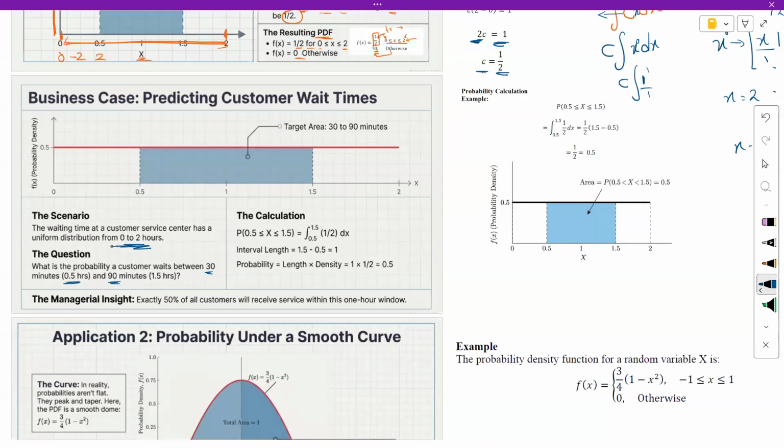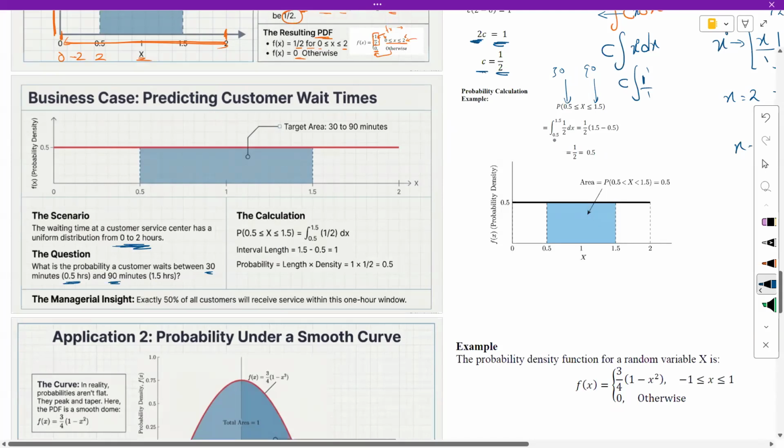We want to find the probability of any customer that waits half an hour to 1.5 hours in that range. So here we know the lower limit is 0.5, upper limit 1.5, in hours, so 30 minutes, 90 minutes.